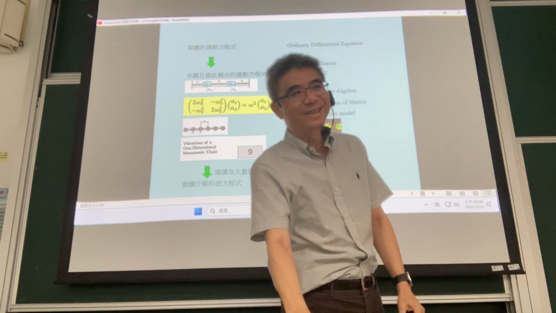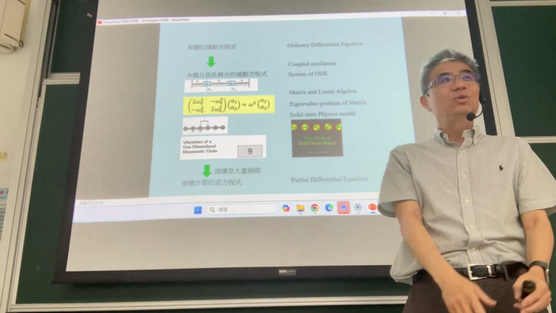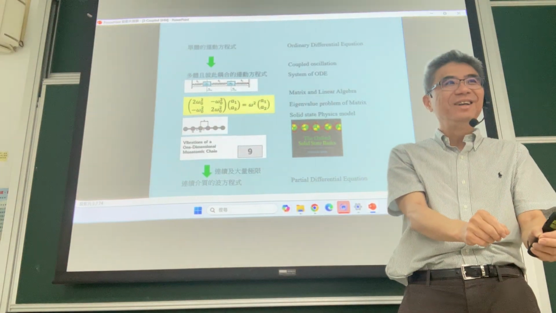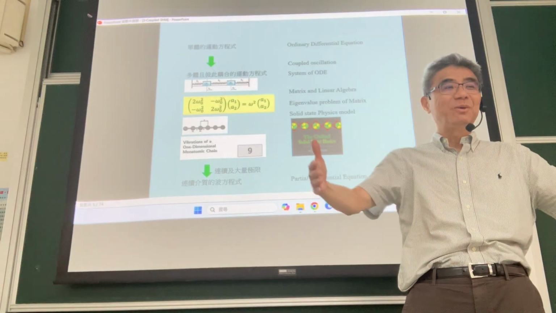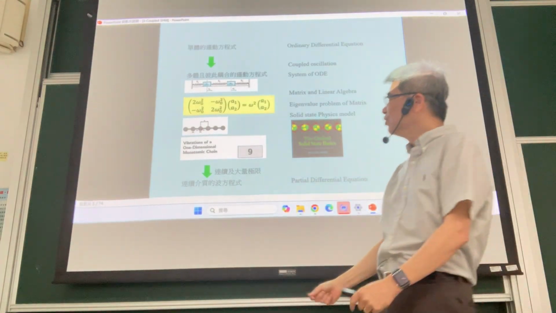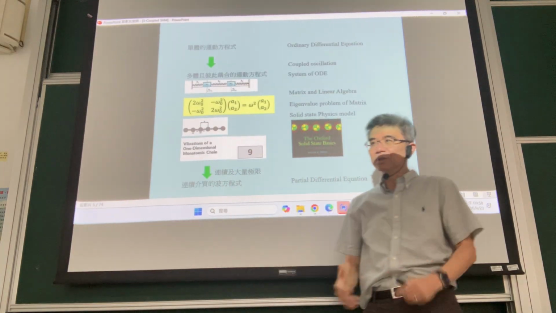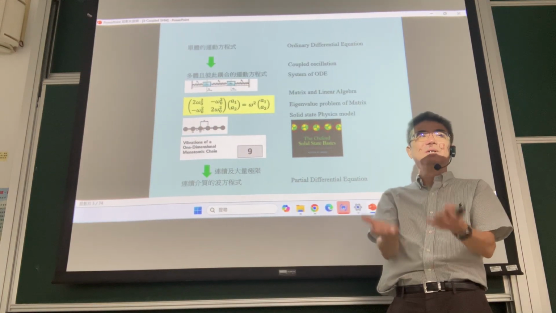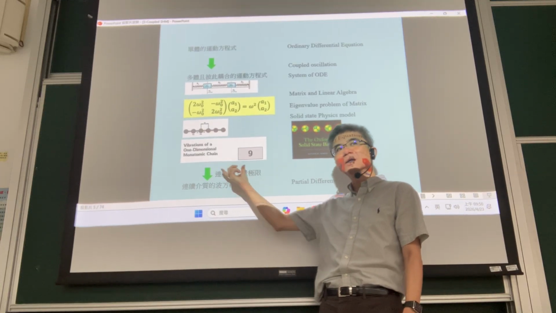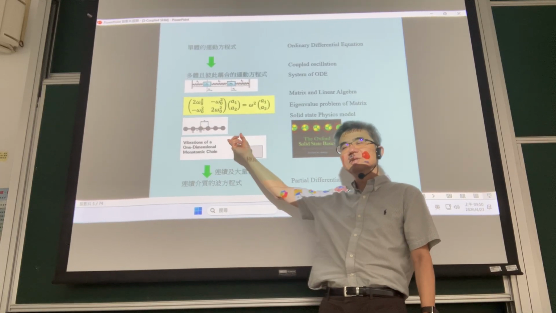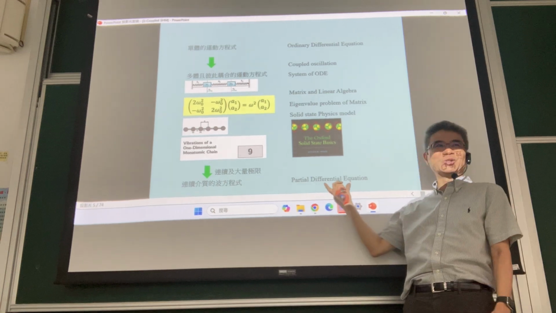That's essentially a solid, right? When you talk about a solid or a conductor, you don't talk about the atoms inside. You talk about one piece of solid, one piece of metal, one piece of conductor. So you have to take this limit to be able to describe a real world material. When you take this continuous limit, taking a equal to 0, then you get a partial differential equation.